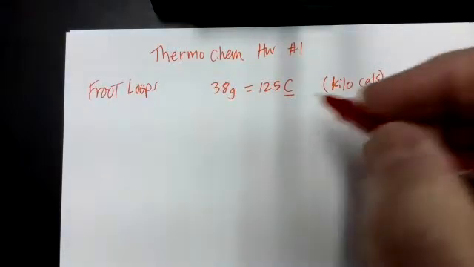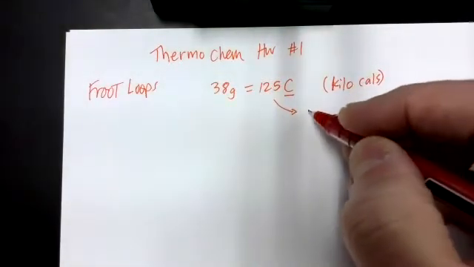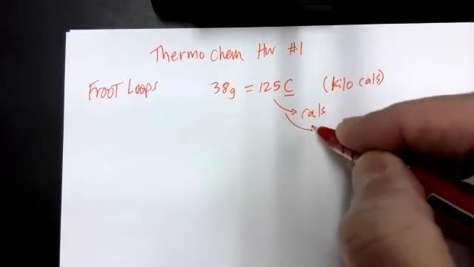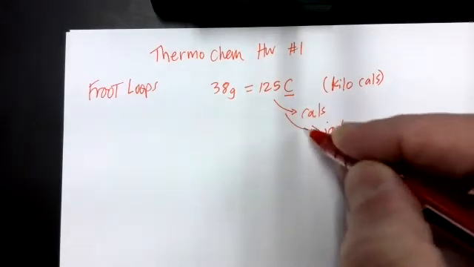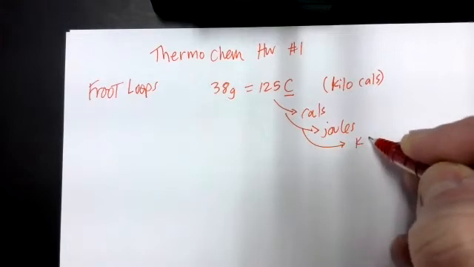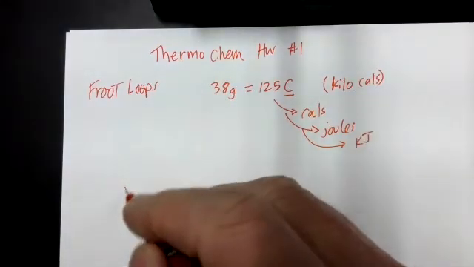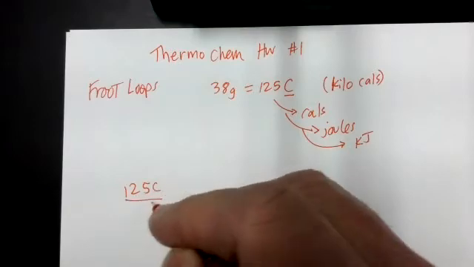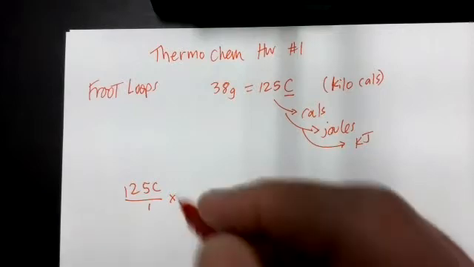And we have to convert that many calories first into cals, and then we also have to convert it into joules, and also into kilojoules. So we're going to start out with 125 food calories over 1. We know that 1 food calorie is equal to 1,000 cals.